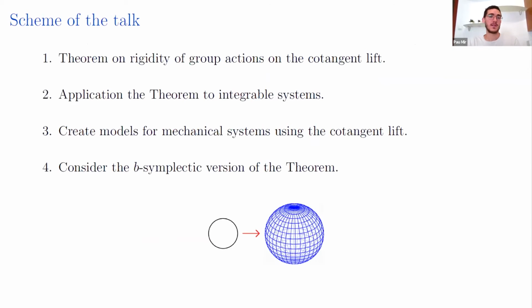As I said, I will talk about this new theorem on rigidity of group actions on the cotangent lift. We will explain what the cotangent lift is and which are the advantages of using it. Then we will see that this theorem has applications, in the form of other theorems, to integrable systems.